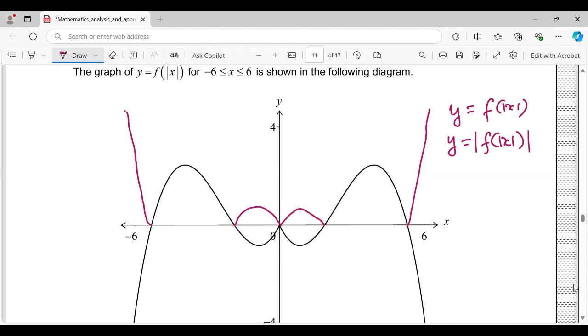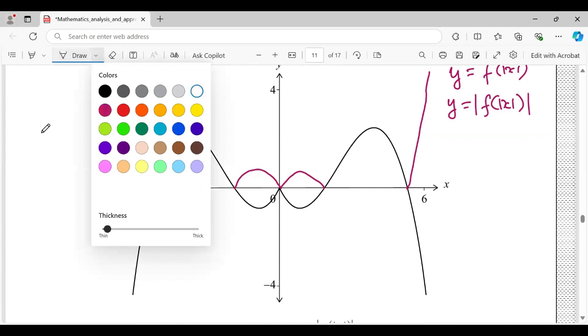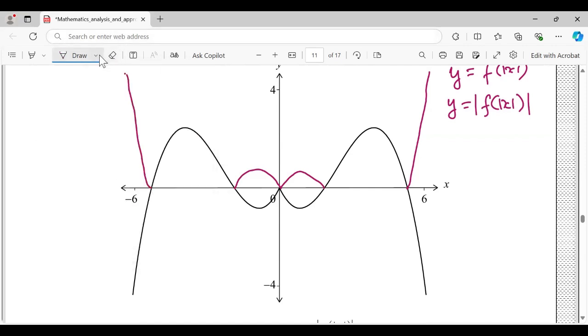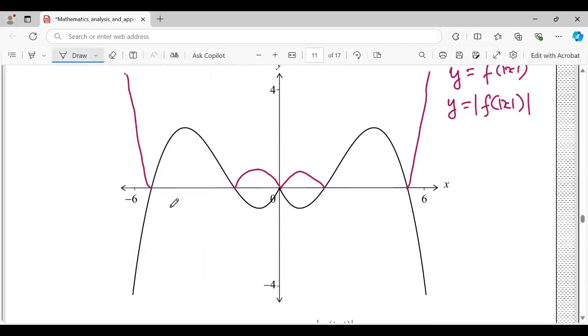Why? Because with modulus, there are no negative values. Okay, I will click this.